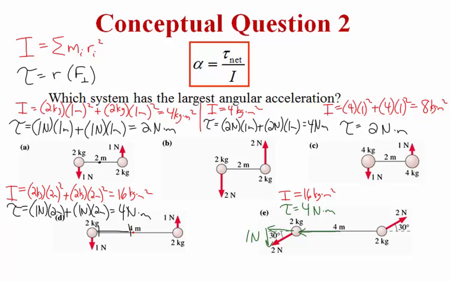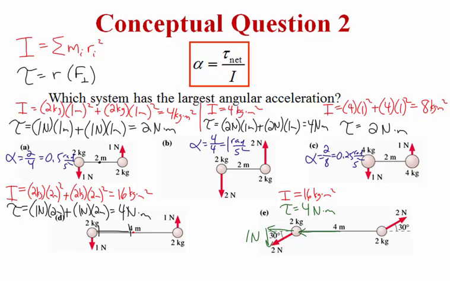So that's going to be the final piece. We need to find the angular acceleration of each of these. And so in case A, the torque is 2 Newton meters. The rotational inertia is 4 kilogram meters squared. So the angular acceleration is 2 over 4, or 0.5 radians per second squared. In case B, the angular acceleration is 4 divided by 4, or 1 radian per second squared. In case C, the angular acceleration is 2 divided by 8, or 0.25 radians per second squared.